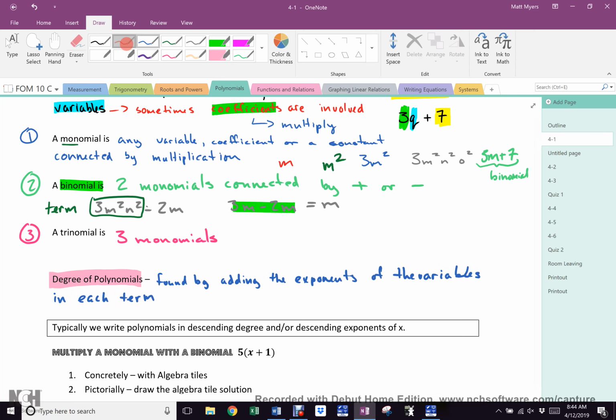So 3x, what would that guy's degree be? 1, because there's a variable with an exponent of 1. Easy peasy, right? Okay, so that guy is a first degree polynomial. 2x squared, what's that guy?